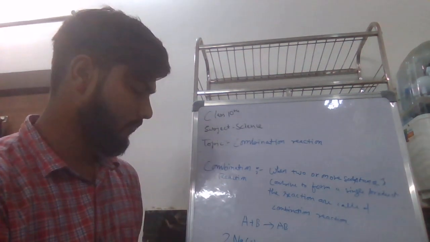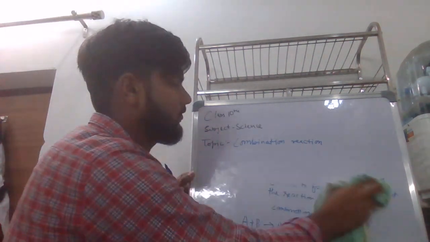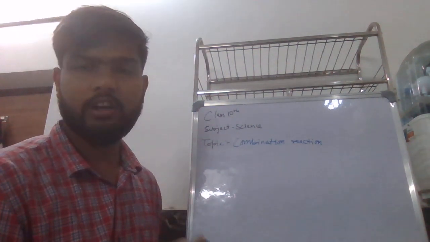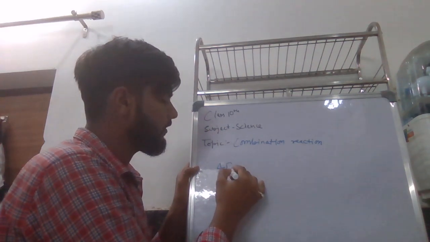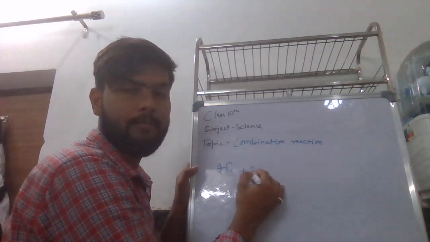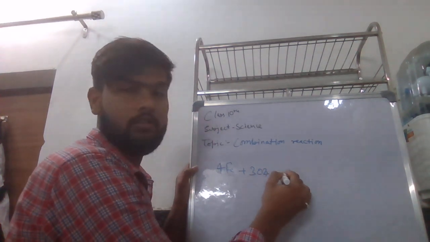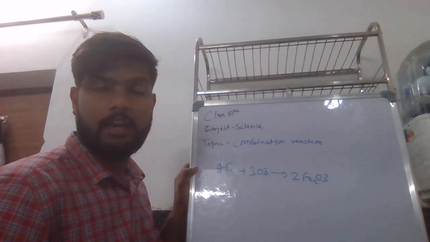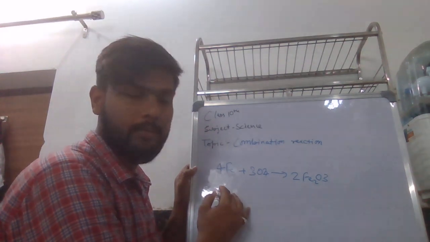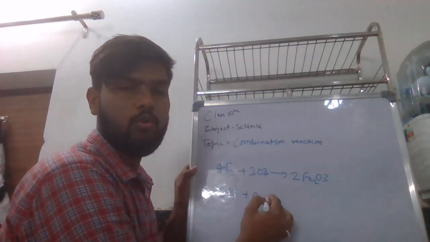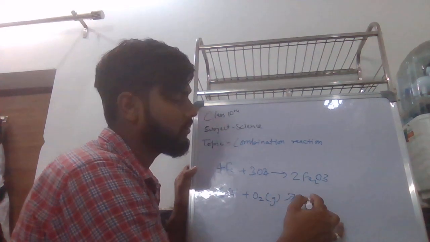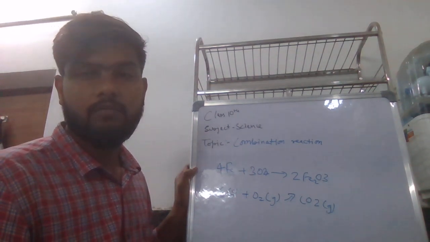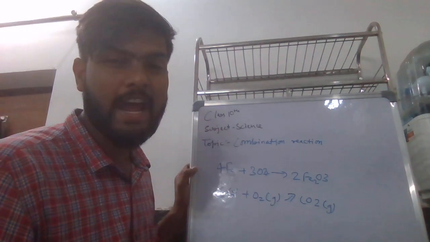Burning of coal: C(s) plus O2(g) becomes CO2(g). Formation of water from H2 and O2.